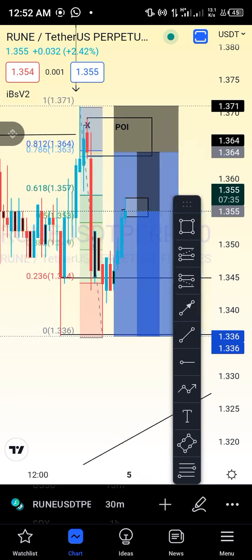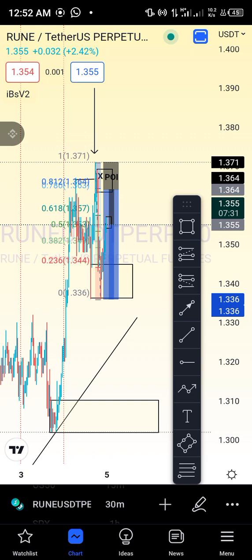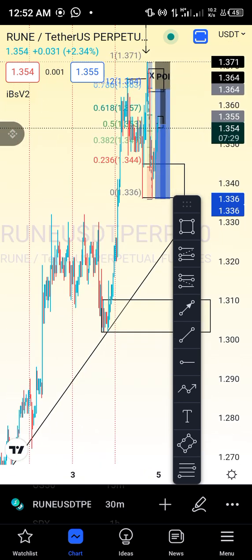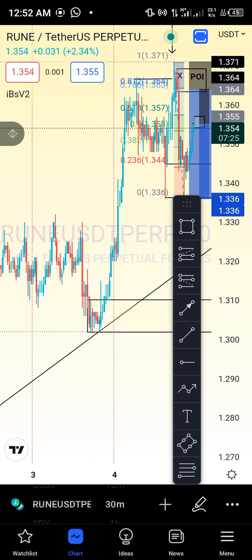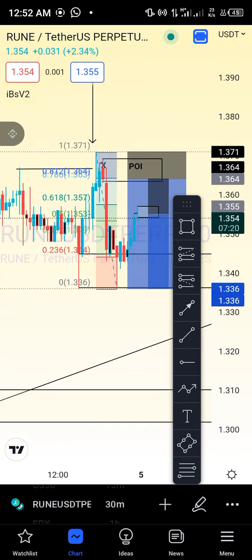You first of all check the trend line. Use a higher time frame, probably 1 hour like I've used here. Mark out the trend so that you know the direction of this market. Once you've done that, you go to lower time frames and check for your support or resistance levels. Once you have that, you check for inducement and then your order blocks.